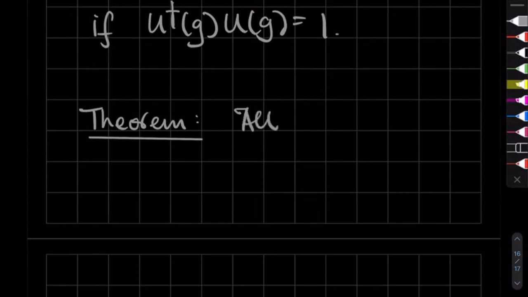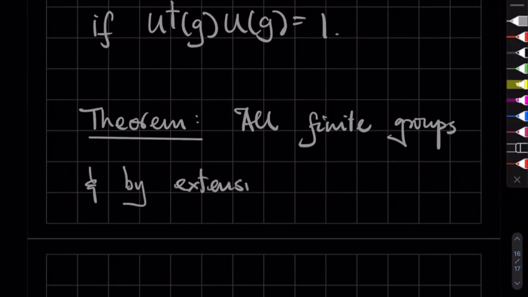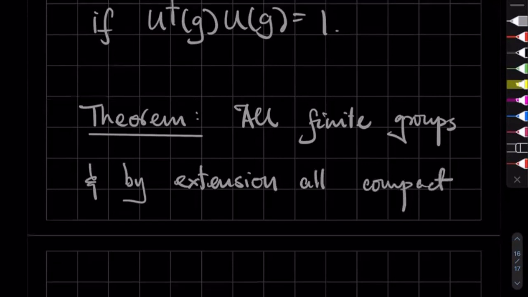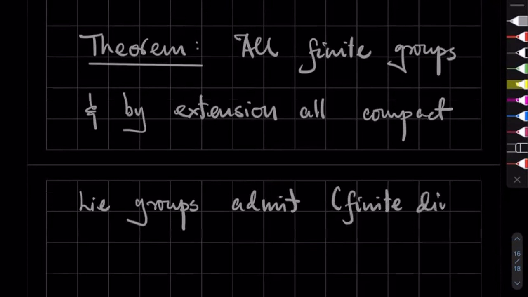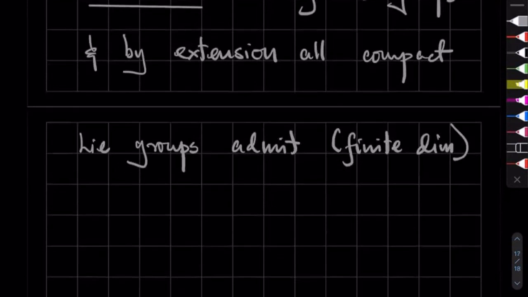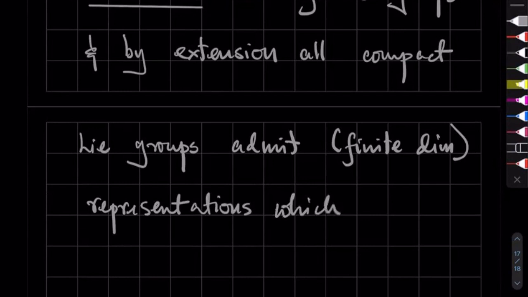So all finite groups, and by extension, all compact Lie groups admit finite dimensional representations which are unitary, or unitary representations.